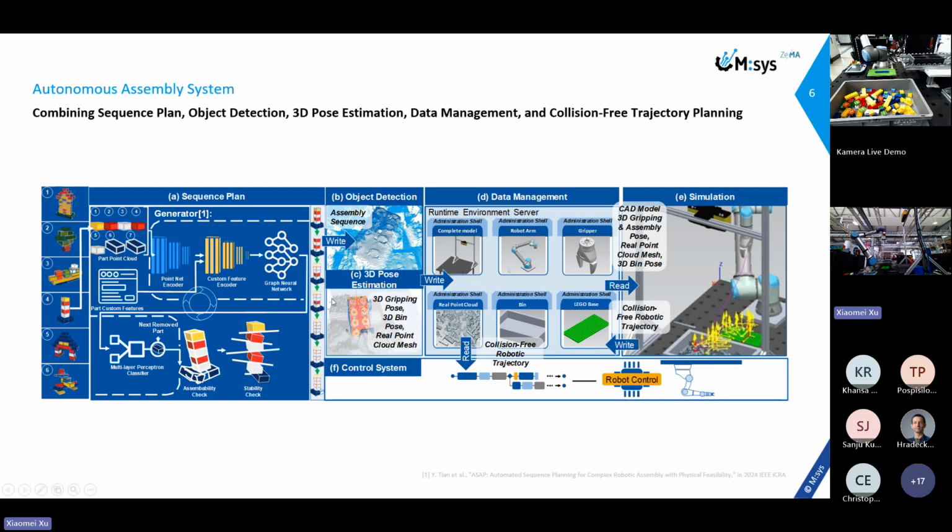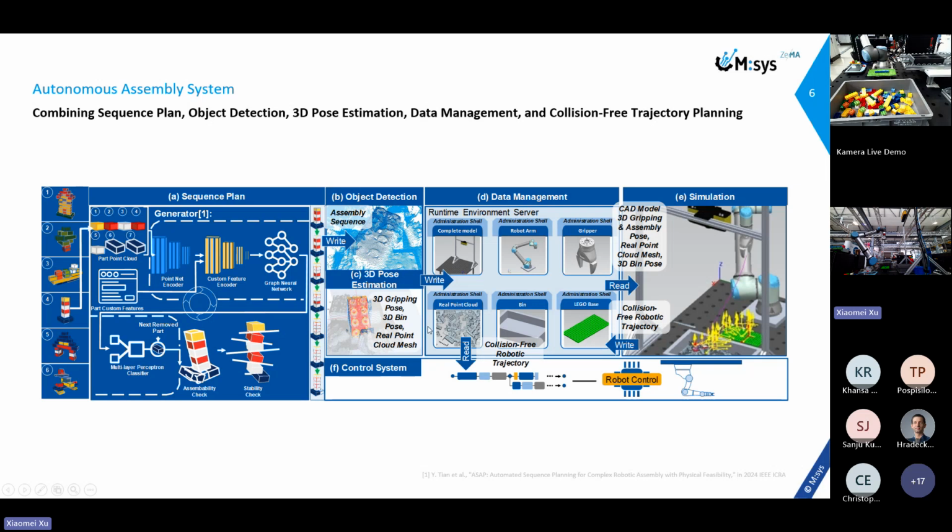The 3D camera captures the live process data of the chaotic Lego bricks, detects the objects, and makes the 3D pose estimation. The 3D camera will send the 3D gripping pose, the 3D bin pose, and the real point cloud mesh to data management.